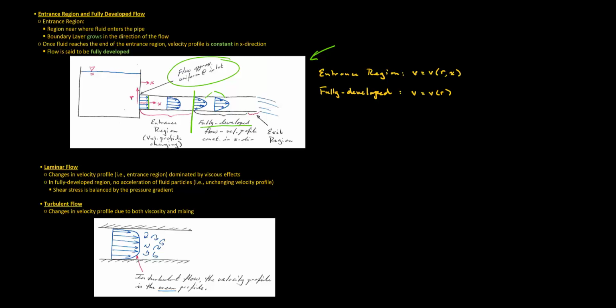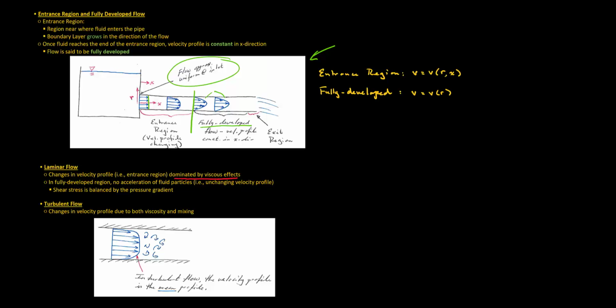So let's look a bit more closely at the differences between the entrance region for a laminar flow and a turbulent flow. So in a laminar flow, the changes in the velocity profile in the entrance region are dominated by viscous effects.